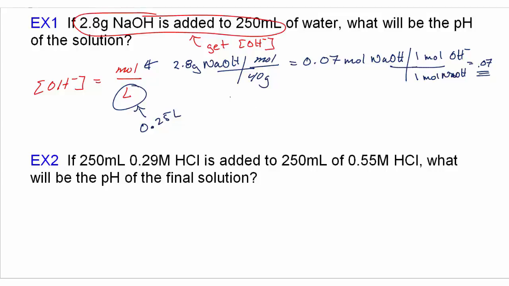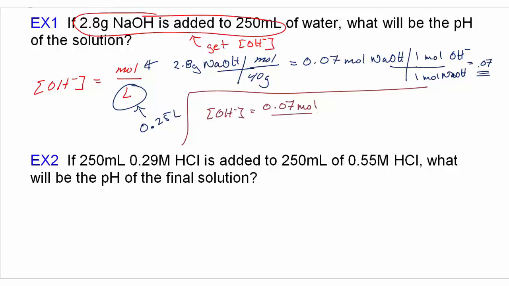So my concentration of hydroxide then is going to be 0.07 moles all over 0.25 liters. About 0.28 molar.